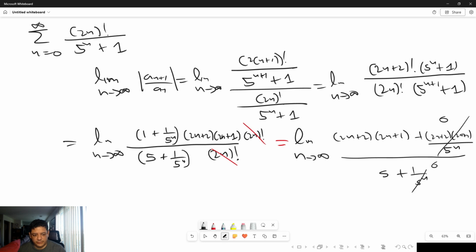This piece on the top goes to infinity. And so because this is, of course, larger than 1, this is going to be divergent by the ratio test.